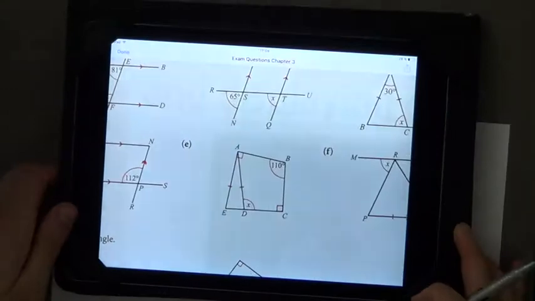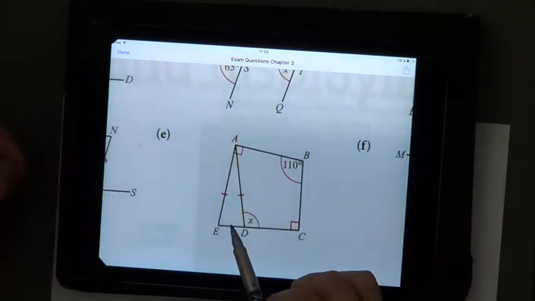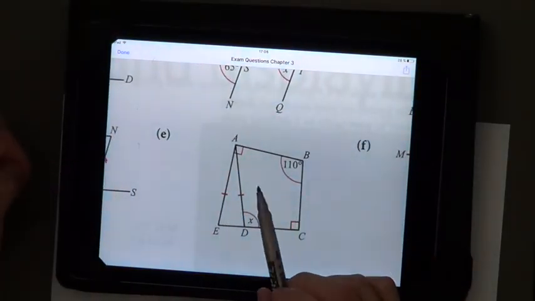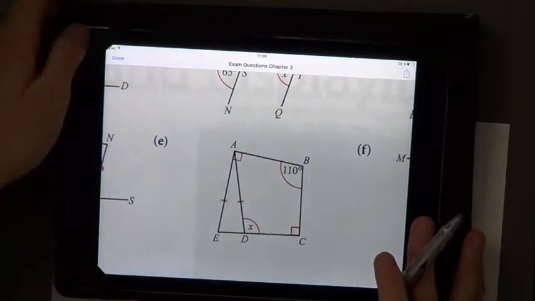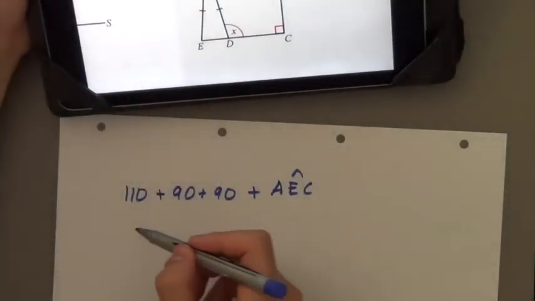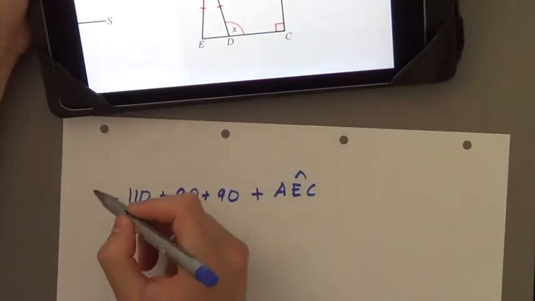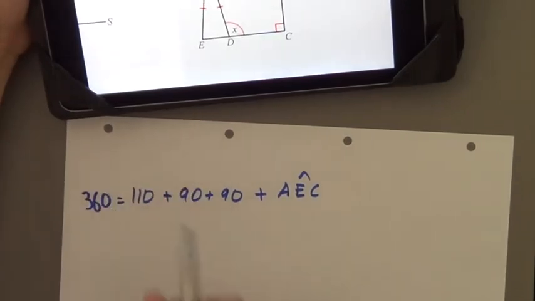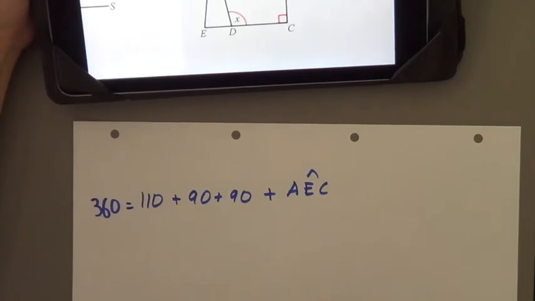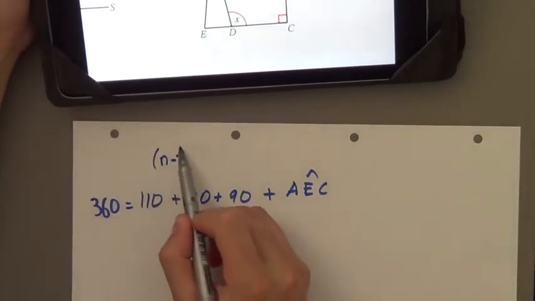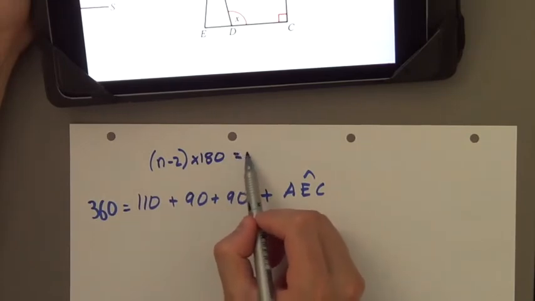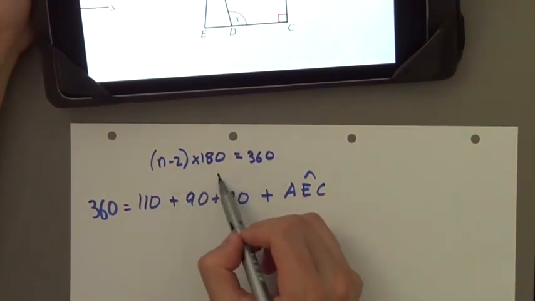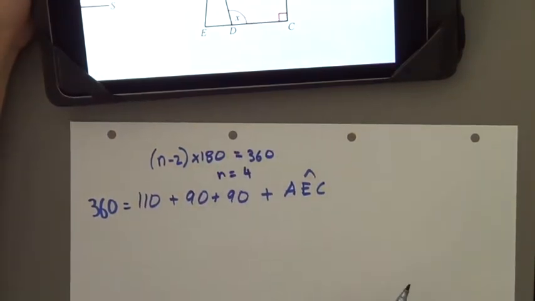So just to show you again, AEC is this angle here, and basically we want to find what that angle is. This has to equal 360, according to our previous formula, which was this. This equals 360 if n equals 4.